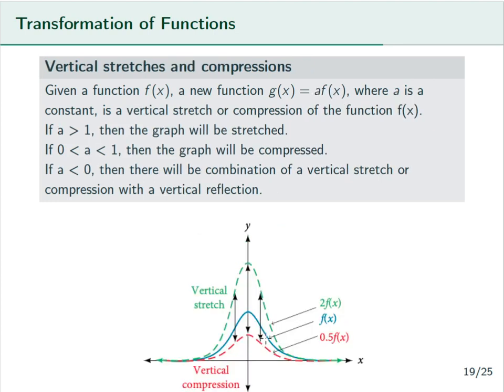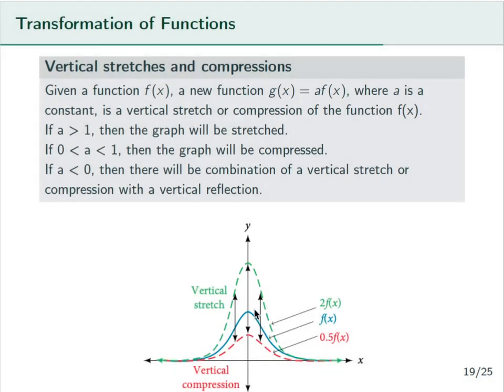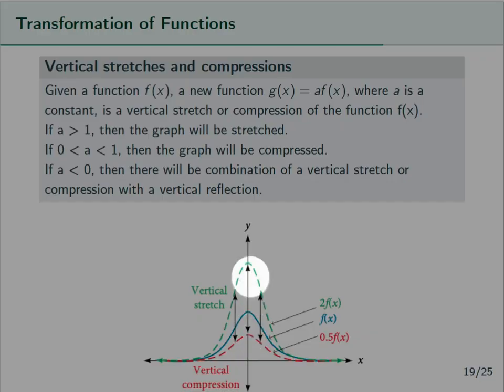So if you see this arrow, it's vertically stretching. Another good way to think about it: I have this blue graph here. If I stretch, I stretch up and down vertically. If I compress, then I compress up and down. So for the red graph, I'm compressing in this direction.